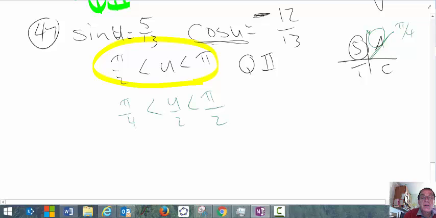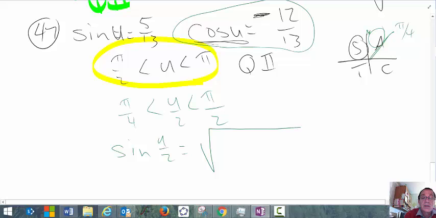Okay, now that we have the sine and the cosine is the important one because the formulas all depend on the cosine there. So let's do the sine. The sine of u over 2 is going to be the positive square root of 1 minus the cosine, which is 1 minus negative 12 over 13, over 2.